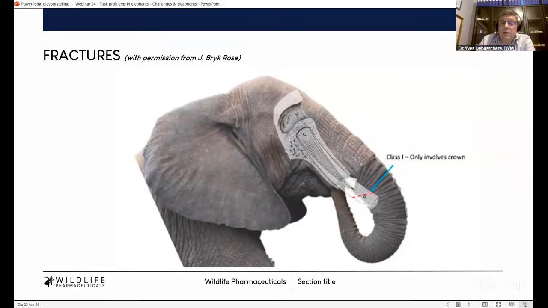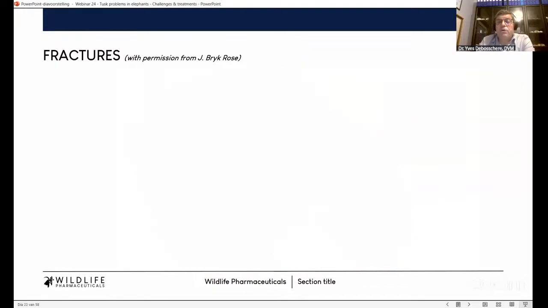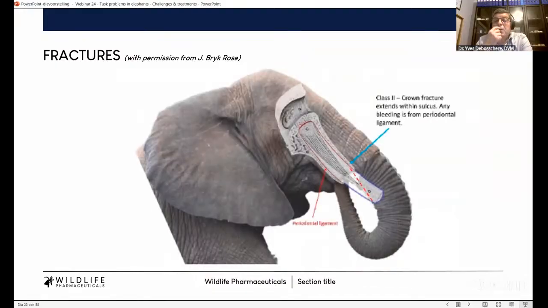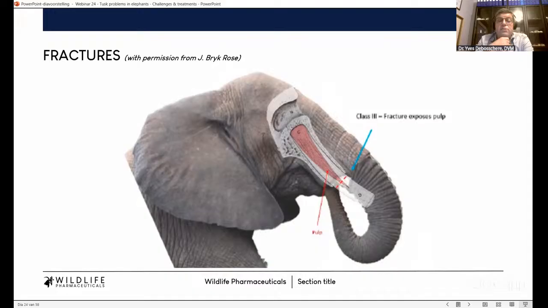For her, a class 1 was only involvement of the enamel, a class 2 was an oblique fracture going under the lip line, but not involving the pulp, and a class 3 is that there was an exposure of the pulp. Why didn't she speak about the uncomplicated or complicated crown-root fractures, excuse me, or root fractures itself?